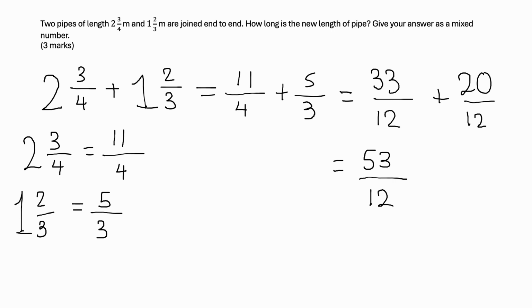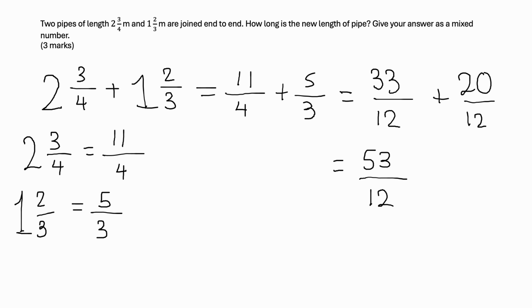So, to convert from an improper fraction to a mixed number, which the question is asking for us to do, we need to work out how many whole 12s go into 53.